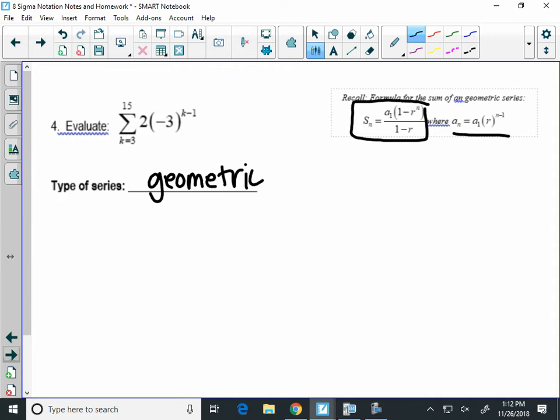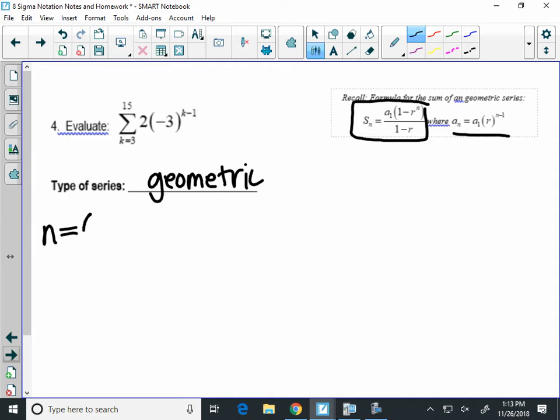So there's actually a little bit less work involved when we have geometric, and we've noticed that as we work with geometric here. For the formula, I need a first term, so we're going to find that in a minute. We need a common ratio, and we need an n. So let's find n first. What strategy did I just tell you to use to find n for these sigma notations?